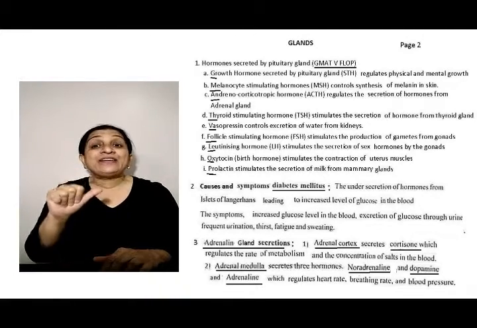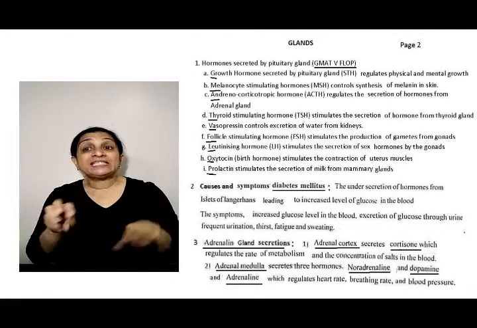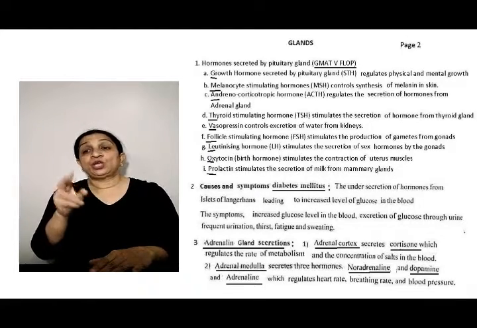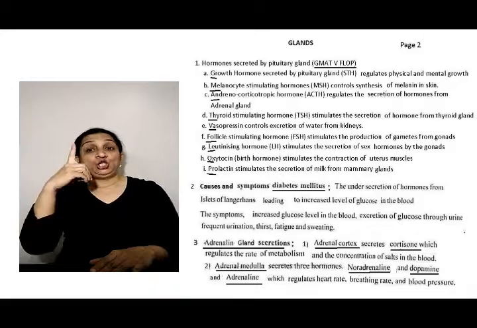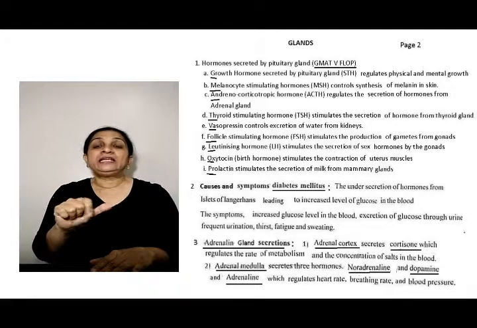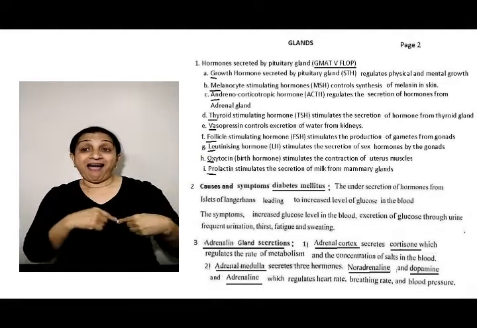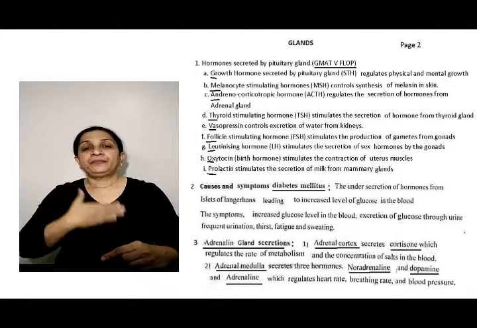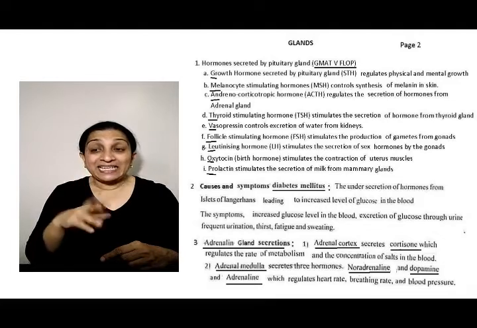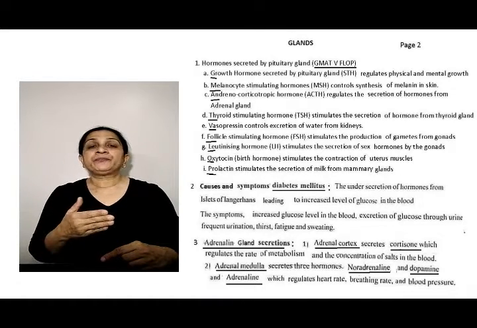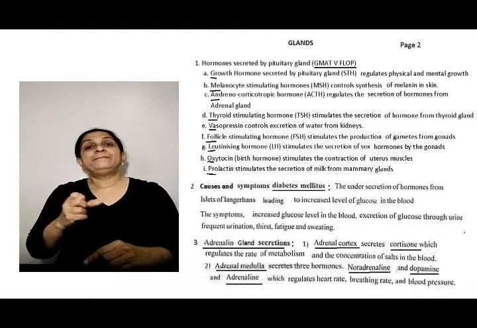Then you have the adrenal medulla, which secretes three hormones: noradrenaline, dopamine and adrenaline, and they regulate the heart beating rate, breathing rate, and blood pressure.